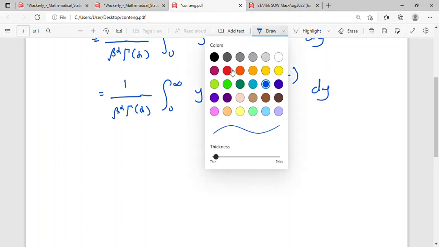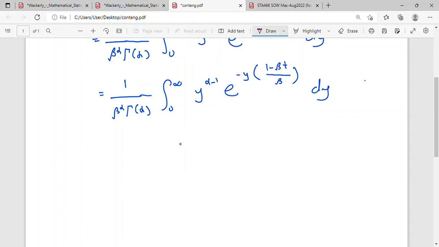So I nak gunakan, okay, so apa gamma function tadi? Kan gamma function tadi, it is integration of y alpha minus 1 e negative y over beta dy adalah sama juga dengan beta alpha gamma alpha, right?